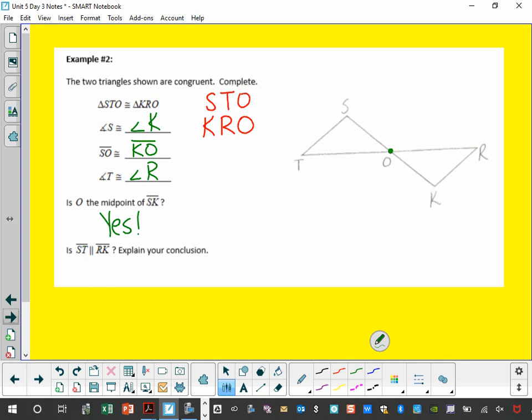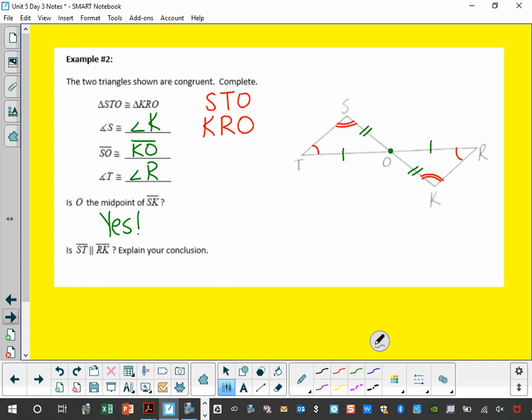If O is the midpoint, then TO and OR are congruent, which means SO and OK are also congruent. Which also means that T was congruent to which angle? R. And S was congruent to which angle?